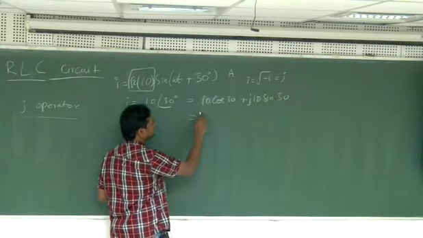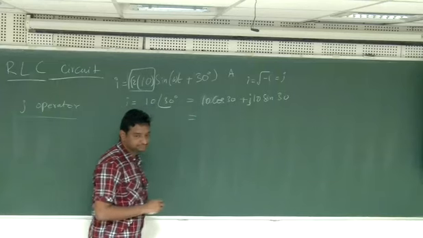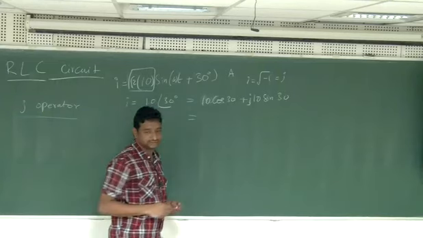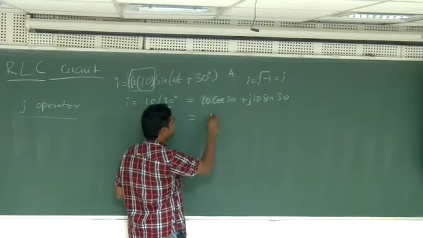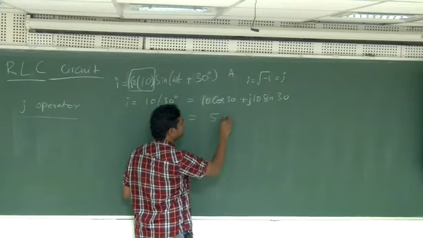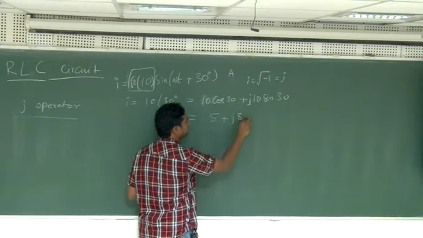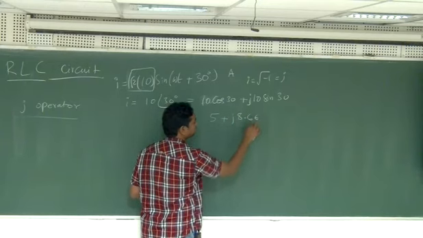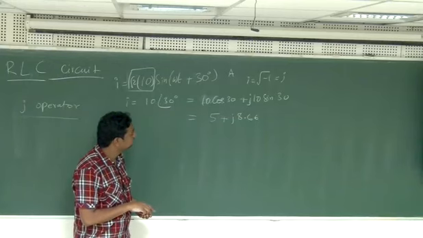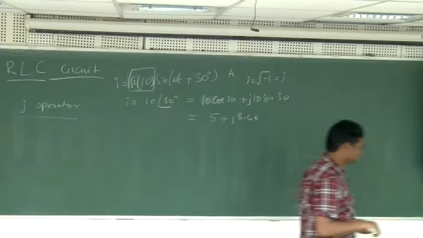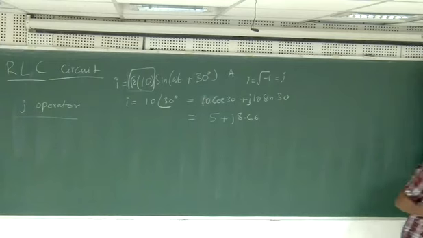So what is 10 cos 30? Cos 30 is 0.5, is it? So it is 5 and then plus J 8.66. Is that correct? Is it reverse? Okay.